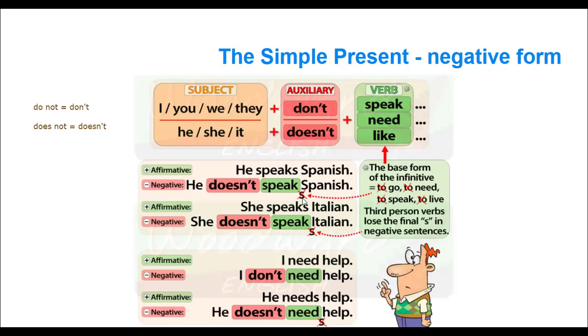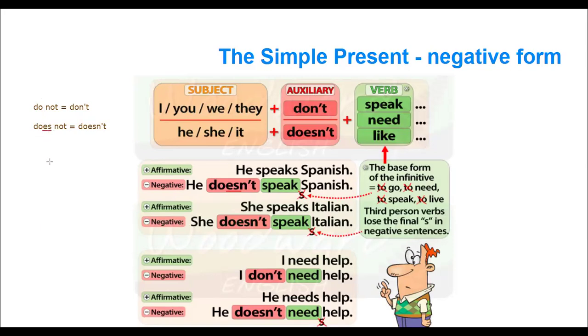Why no letter S? The reason why is because we already followed the rule here, right? Because if you notice the auxiliaries, it's basically the same auxiliary, do and does. But in here, we already put the ES.